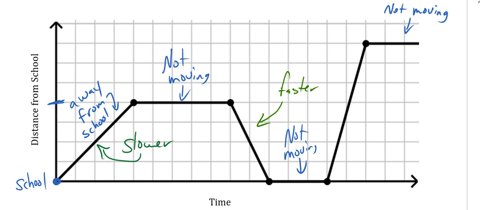Okay? What's going on here? It looks to me like they're going fast again, don't you think? That looks quite steep. So I'm going to say this part's faster as well. And what type of movement is it? It's away from school. And this was towards school, back to school.